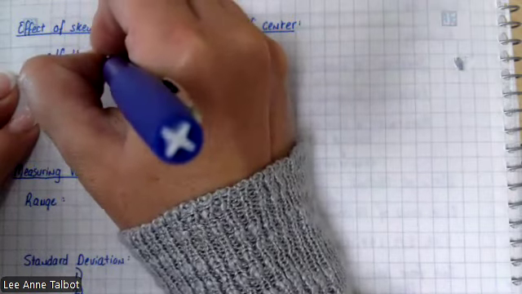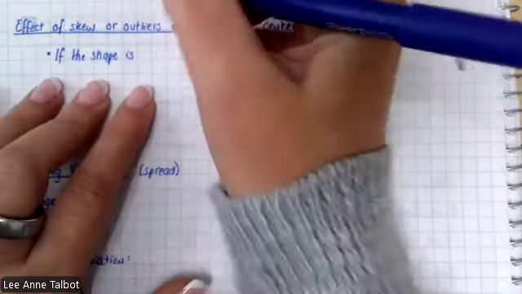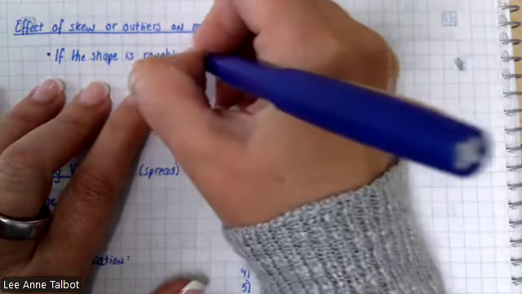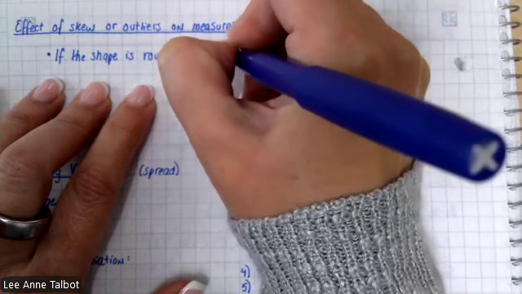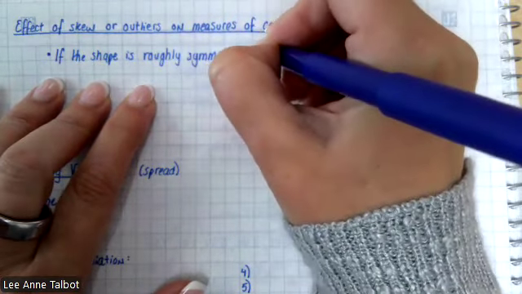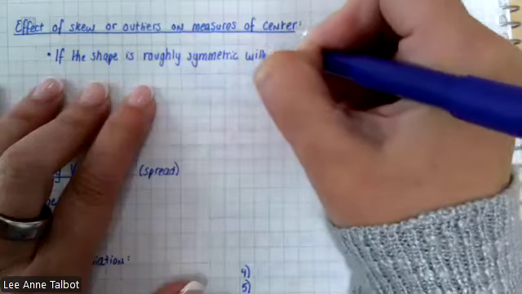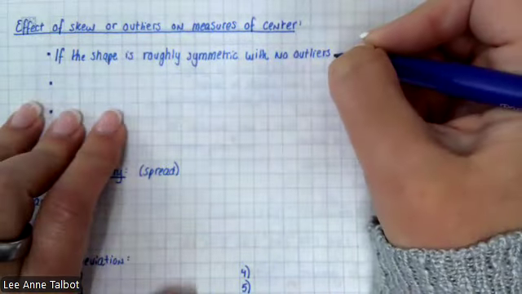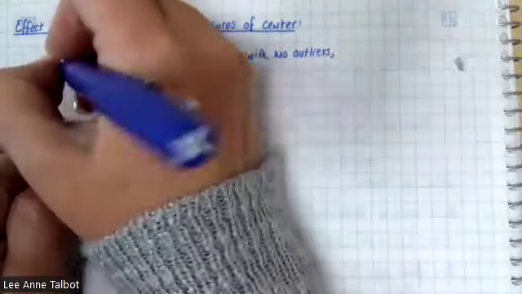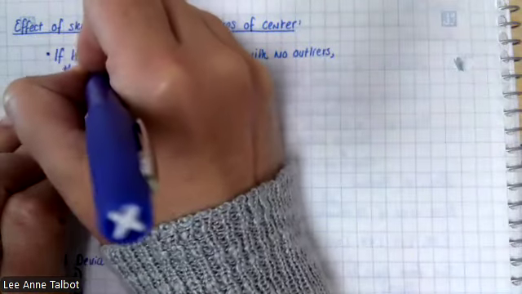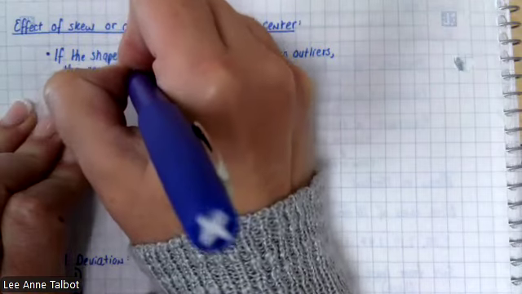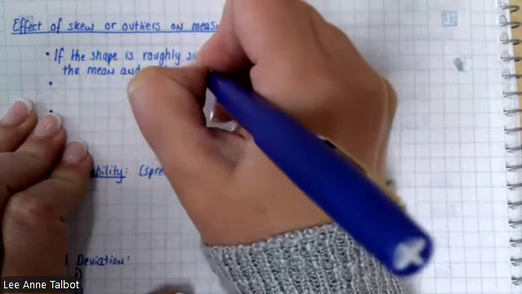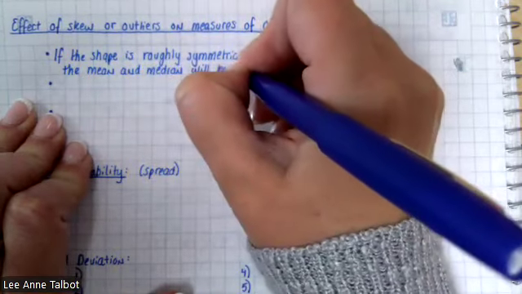If the shape is roughly symmetric with no outliers, the mean and median will be similar.